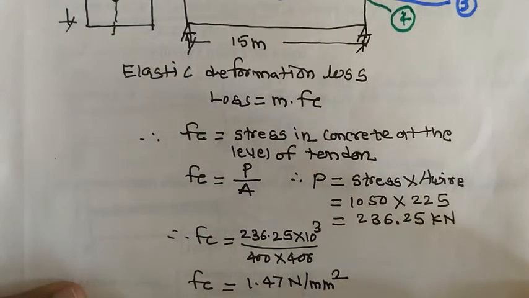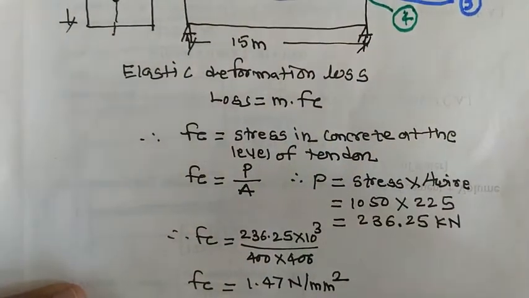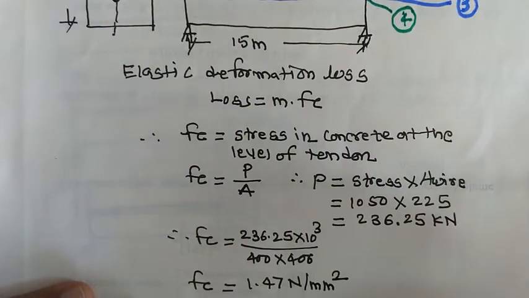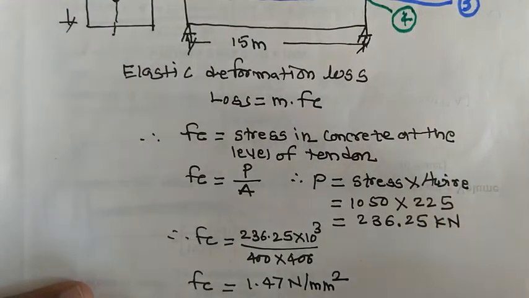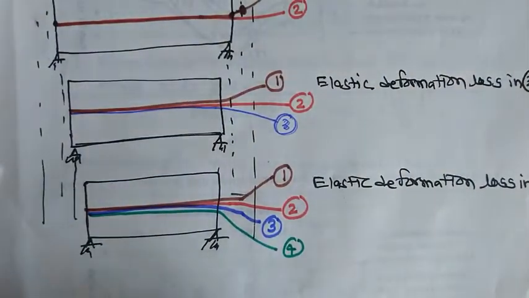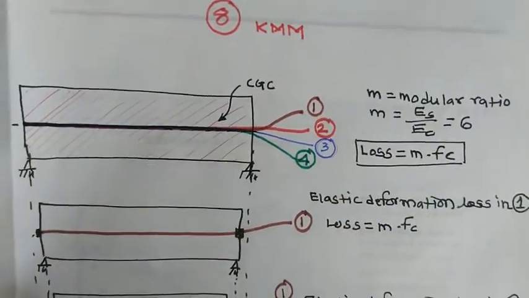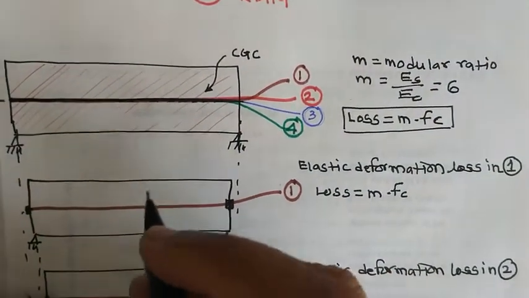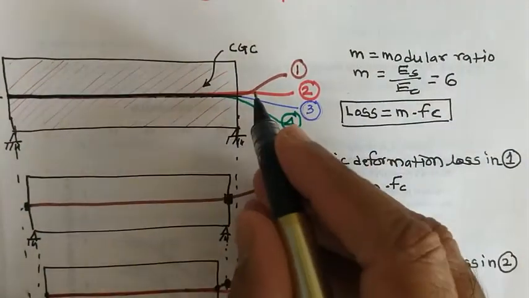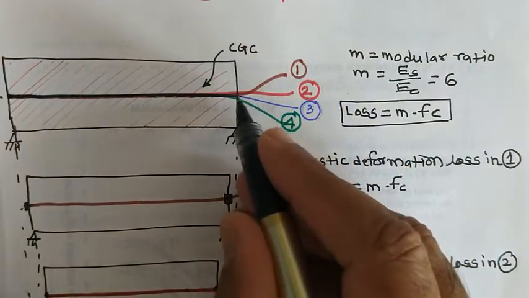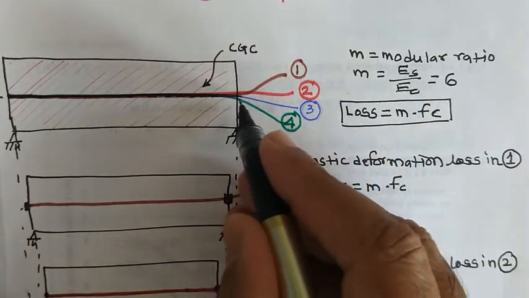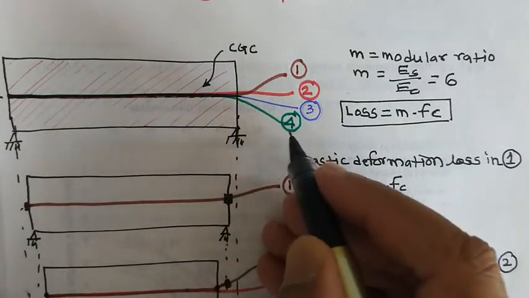So let us discuss the further part of this problem. This is the longitudinal section of the beam. This is the first wire, second wire, third wire, this is the fourth wire.